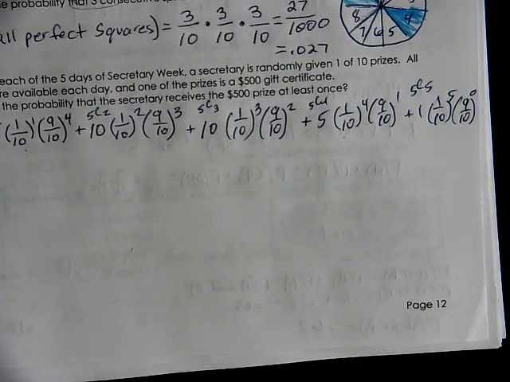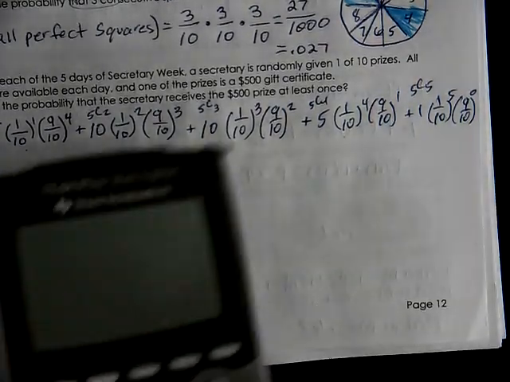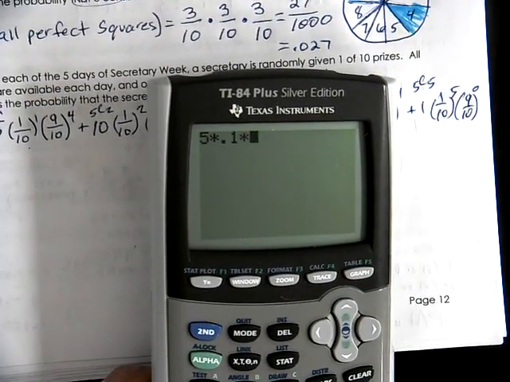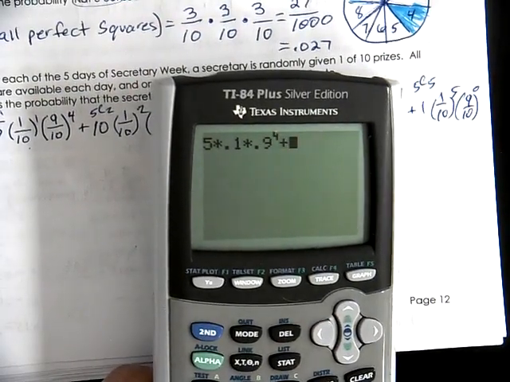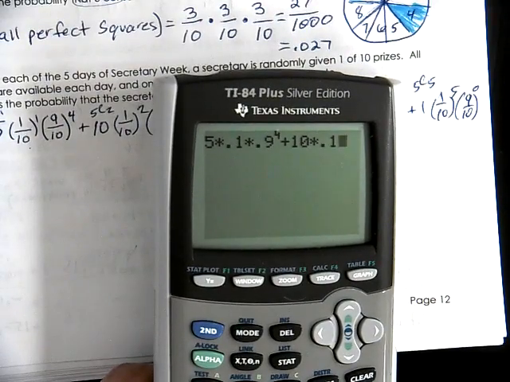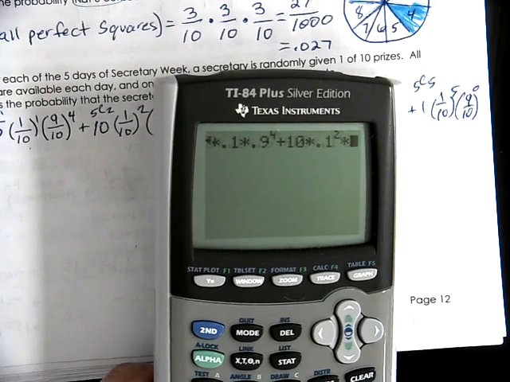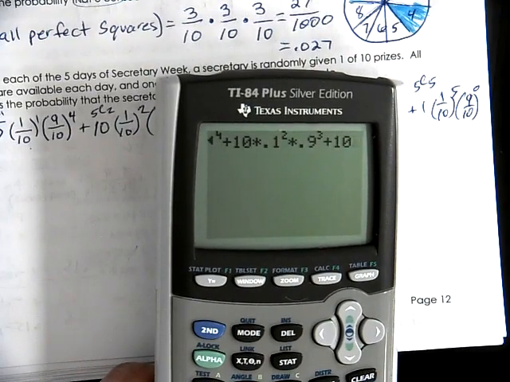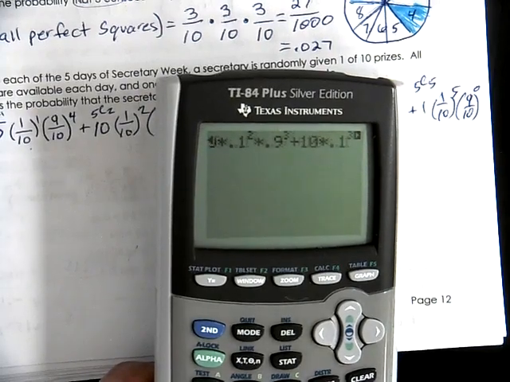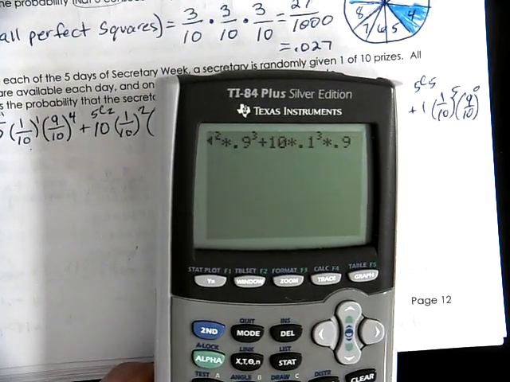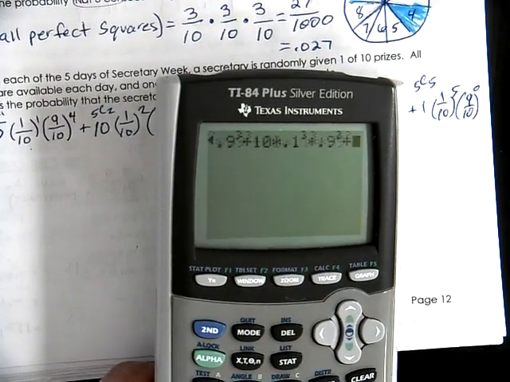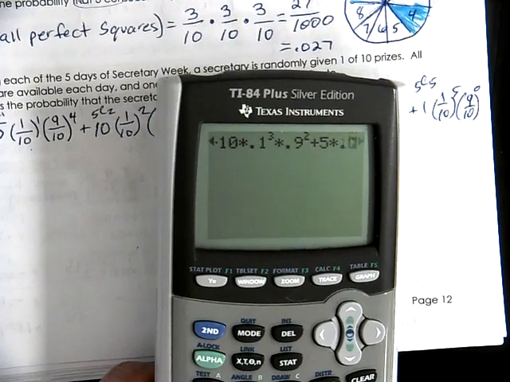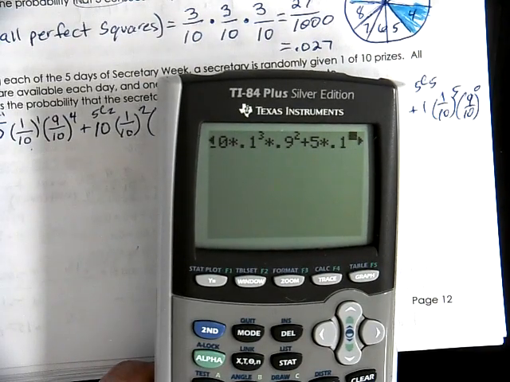So that's a crazy calculation. So if you go to your calculator and you say 5 times 0.1 times 0.9 to the 4th plus 10 times 0.1 squared times 0.9 to the 3rd plus 10 times 0.1 to the 3rd power times 0.9 to the 2nd power plus 5 times 0.1 to the 4th power times 0.9.